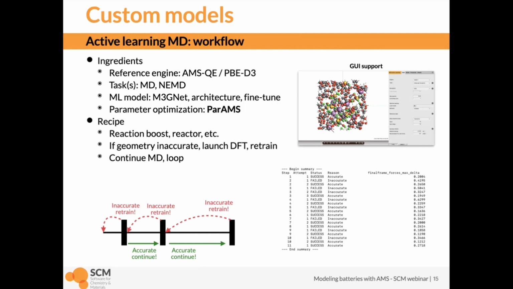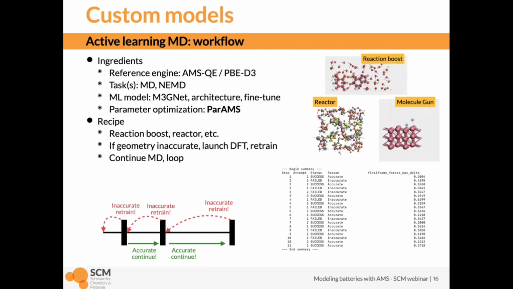In general, you're going to use DFT. Then you define the molecular dynamic simulation. Now, sometimes just running an equilibrium molecular dynamic simulation is not going to be enough for your system to cross the transition state that you're looking for. So you can do non-equilibrium MD. A typical thing you can do is to deform the supercell of your system.